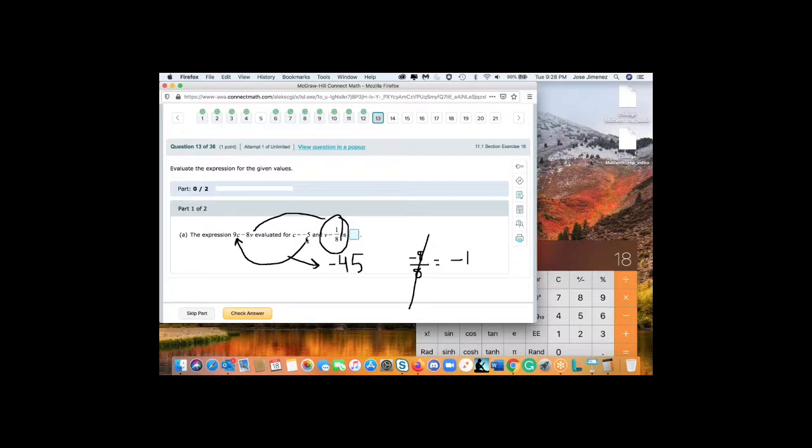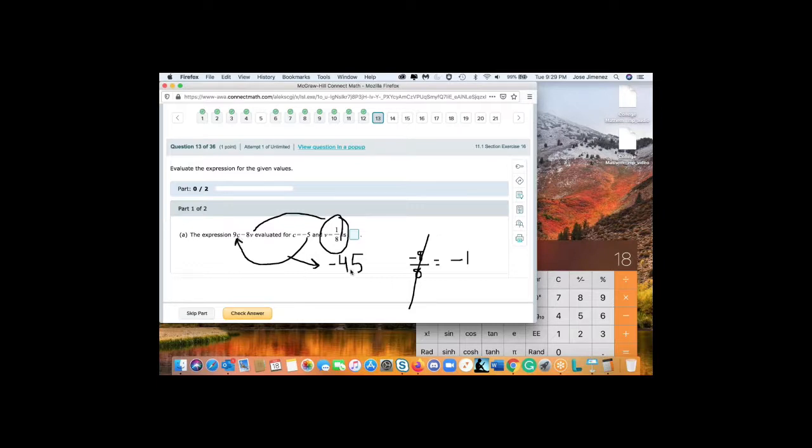So these numbers multiply the number in front, which is the coefficient, and then you replace the letter with the number. So if you have two numbers together in math, that means multiplication. So 9c means 9 times minus 5, because the value for c is minus 5.